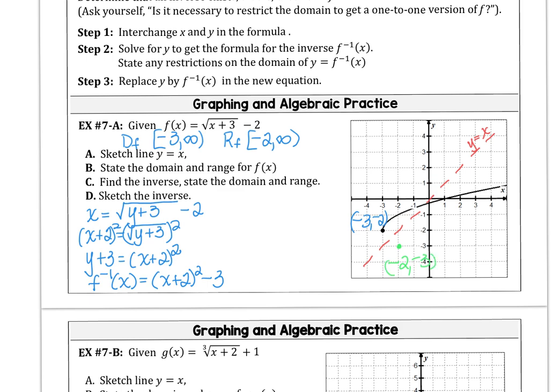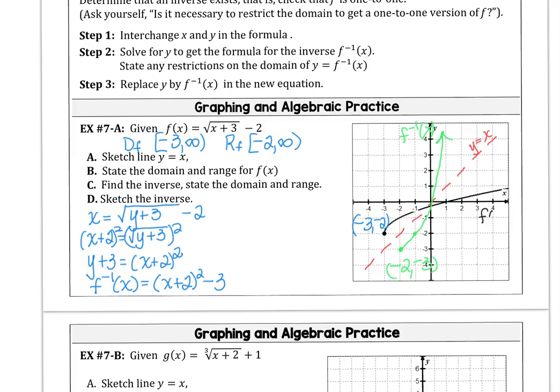And we're going to be half of a parabola for our inverse function. F inverse is in green and f of x is in black.